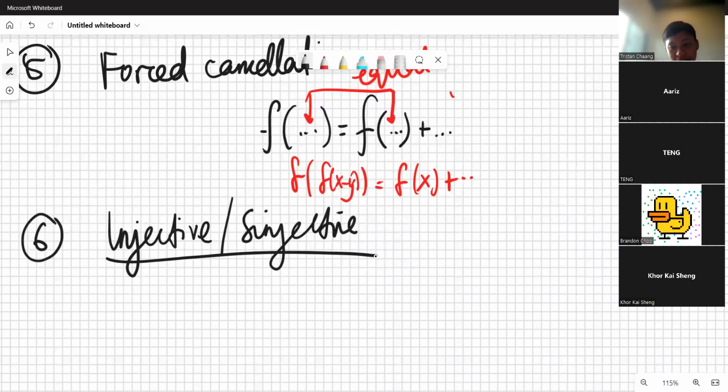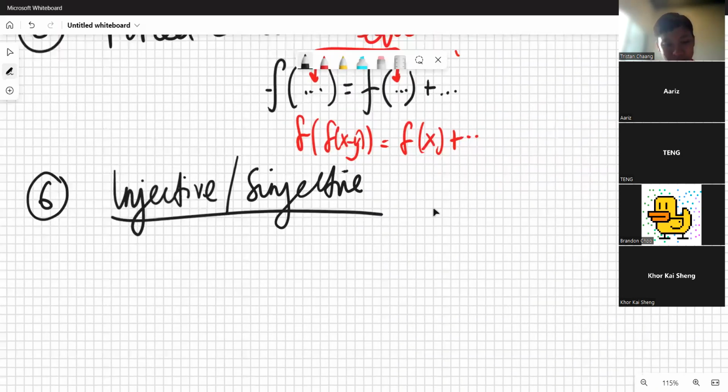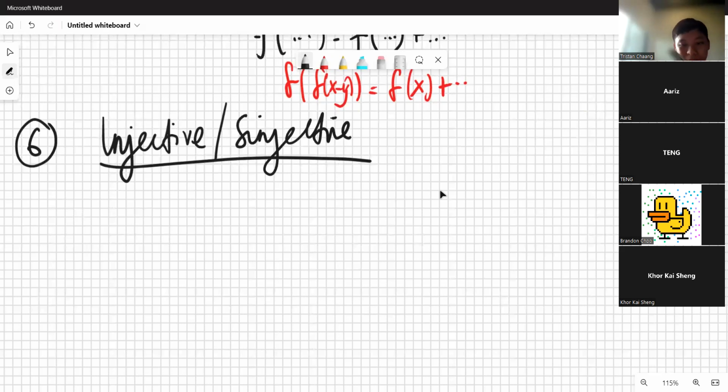I mean, injective function and surjective function. Or has anyone forgotten what they are? In fact, I'll just explain it again, because probably someone has forgotten.